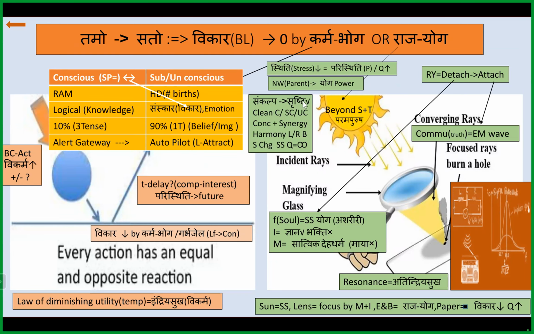This sankalp to srushti only happens if we can control our subconscious mind, clean the conscious, subconscious and unconscious mind, and then we generate harmony between the left and right brain, and then we get charged from the Supreme charge, where the Q is infinity. If we follow this, then only we come to Sankalp to Srushti.